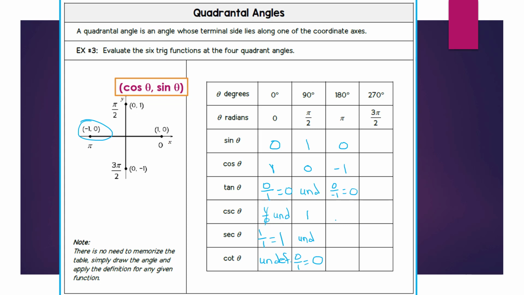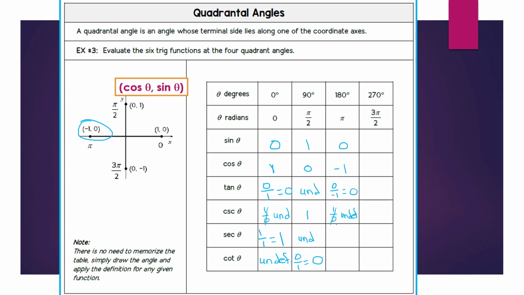Okay, cosecant is 1 over sine, right? So that's going to be 1 over 0. It's undefined. Okay. Notice I'm not writing equals undefined. Undefined is not a number, right?